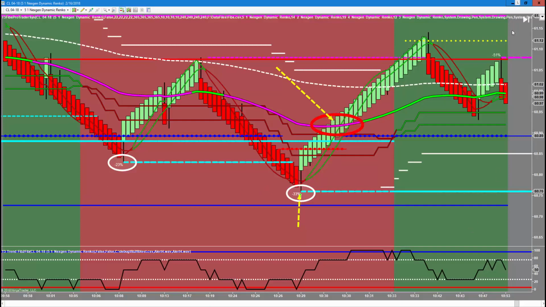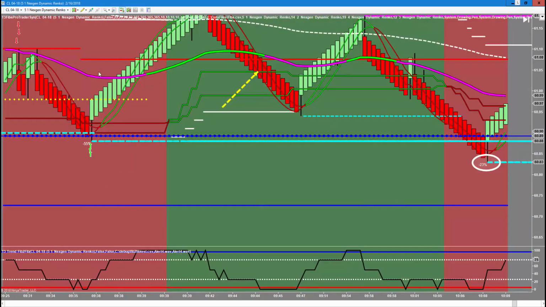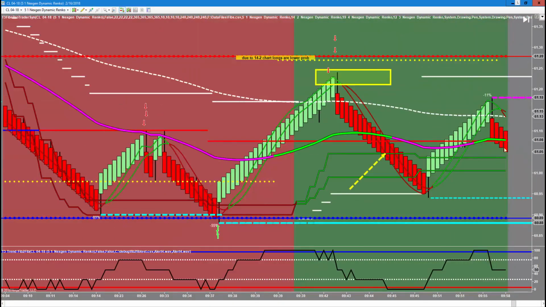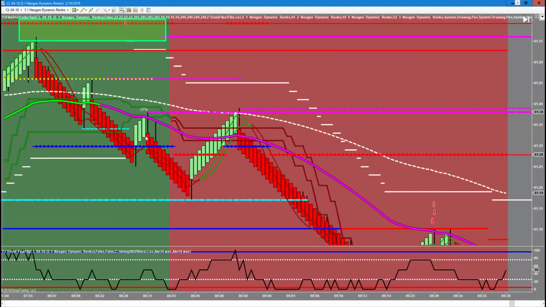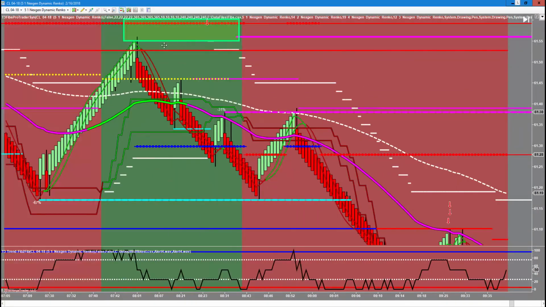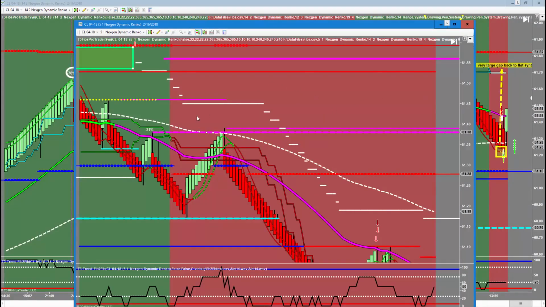All right, I'm going to work backwards. Again, remember when I said that the 14-2 chart was helping at that green box? Again, let me show it to you. This green box right here.